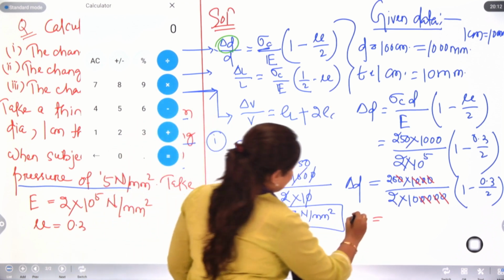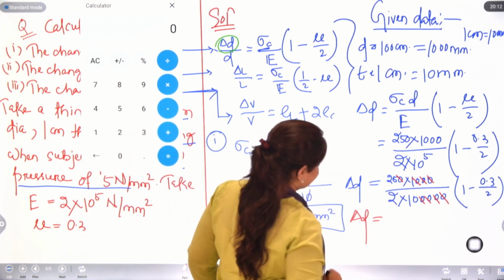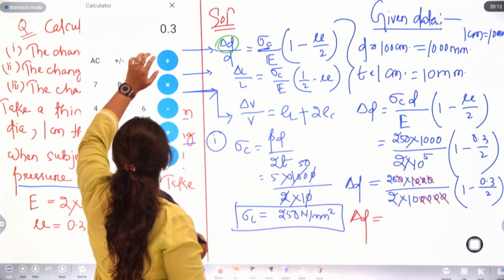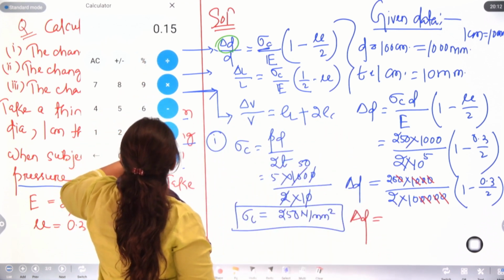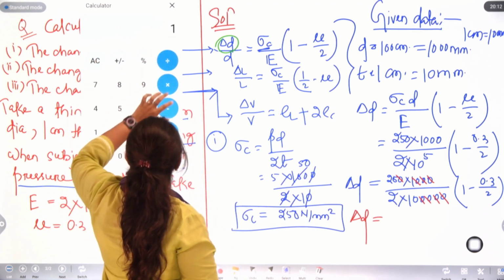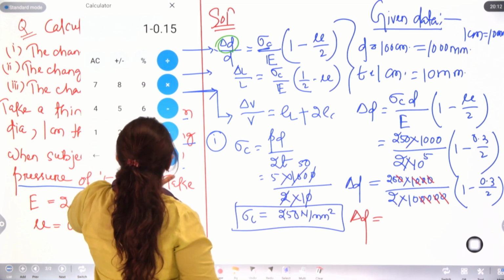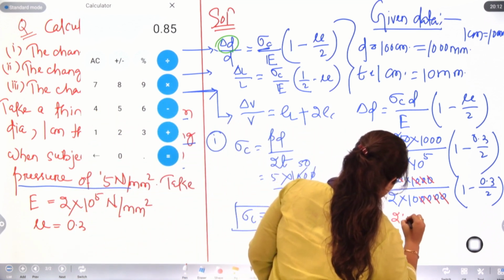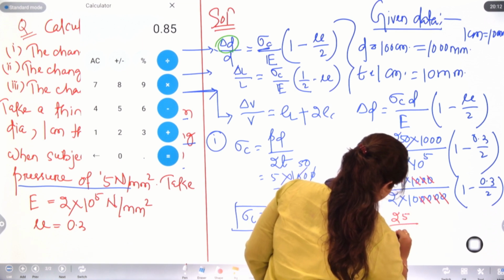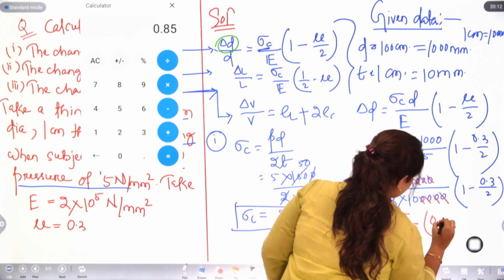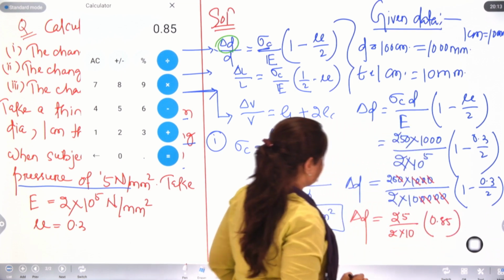So our del D value will be 1 minus 0.15. That is what? 0.85. Right?